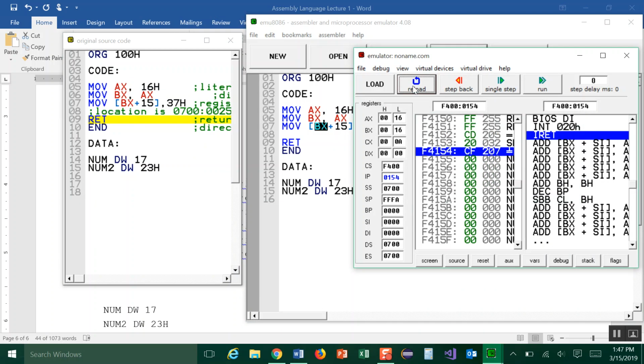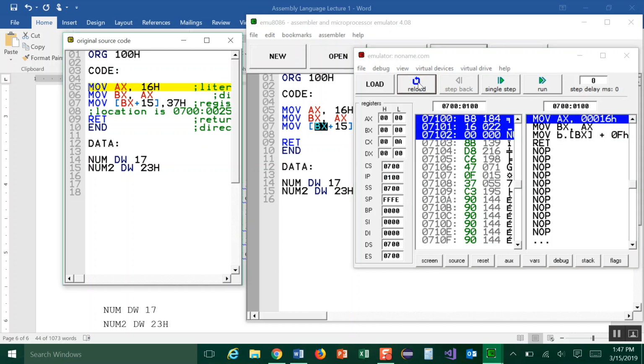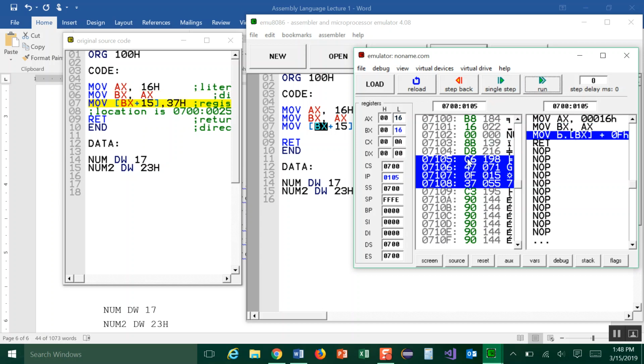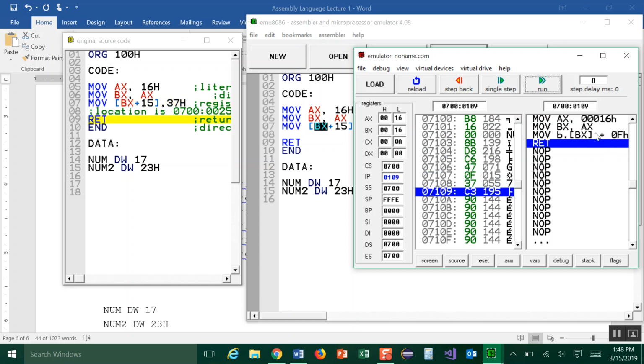Once again, I'm going to reload. Okay, so first we move 16H into AX, and then we move that 16 into BX. And then we add 15, which is 0F, to the value in BX, which is 16. That would give you 25H.